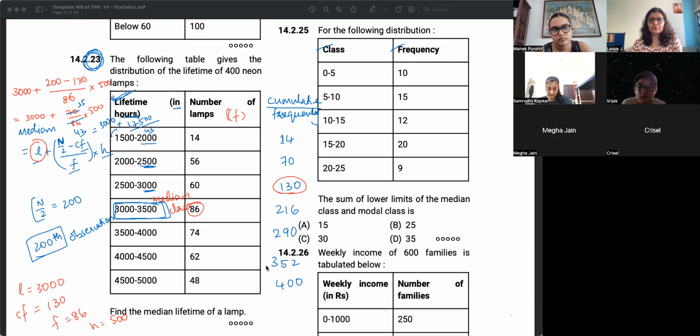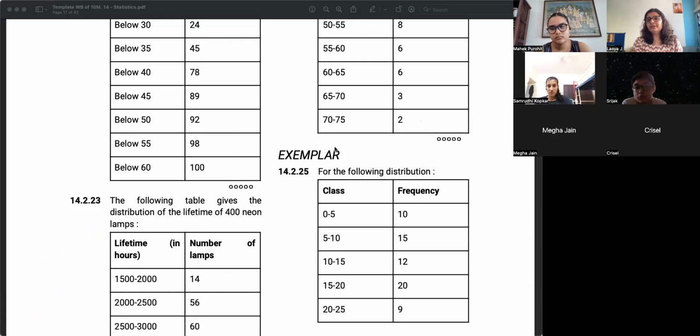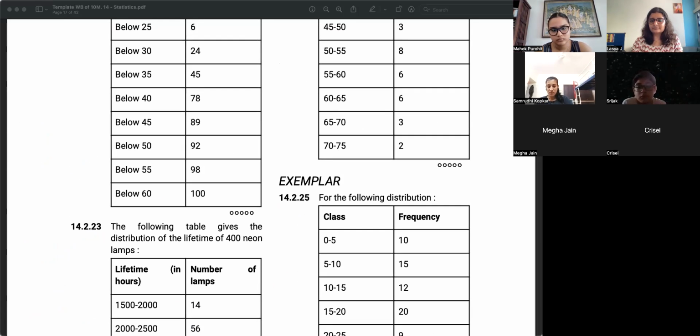Okay, I'm assuming you guys have written the table and have the question with you. In the meantime, before we go to the next question, should I summarize how to find the median? Should we just do it point by point, just revise it? Yes, ma'am.